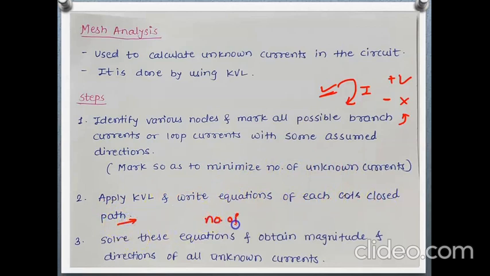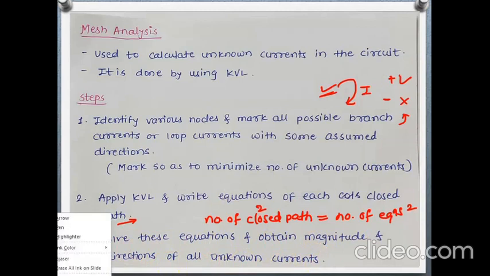Number of closed paths equals the number of equations. So if we have two closed paths, then we will get two equations to solve. Then solve the equations and obtain the magnitude and direction of all the unknown currents that we want.